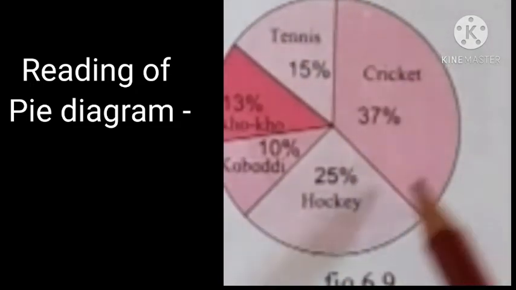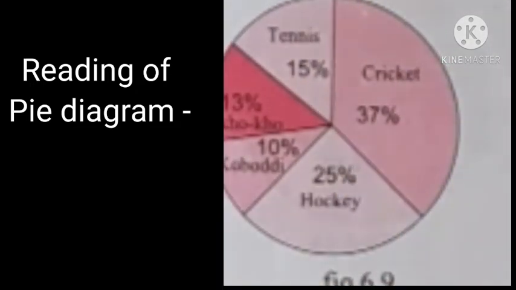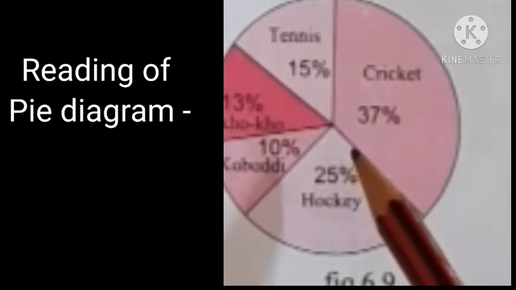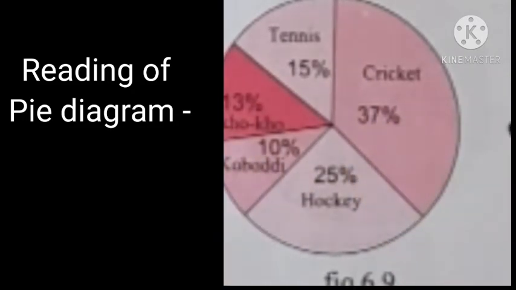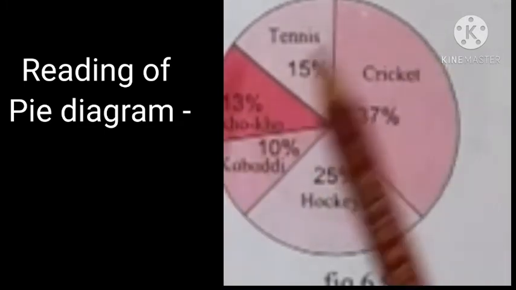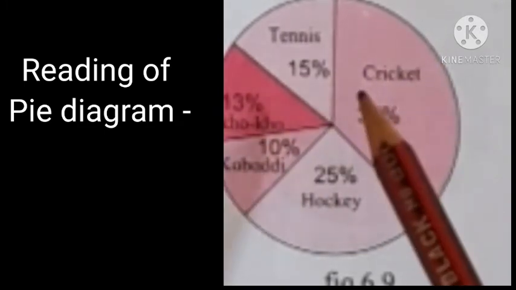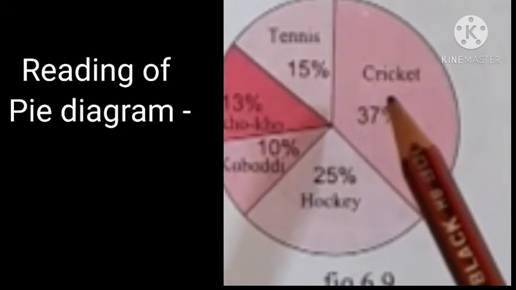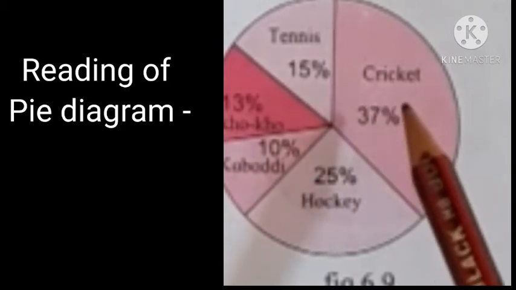Such a figure we call a pie diagram. From this pie diagram we get the information at a glance. So this diagram is also important for understanding the given information. So we learn more about the pie diagram.